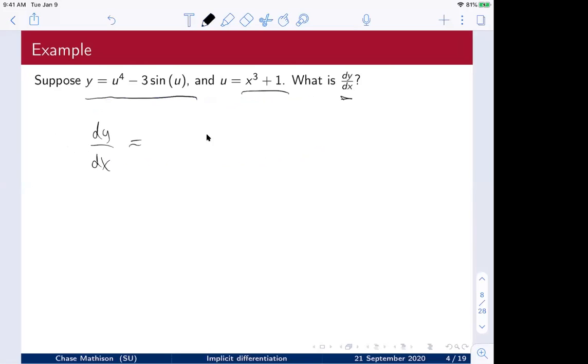Well, by the chain rule, what is this? I have y is a function of u, and u is another function of x. So dy/dx is what?